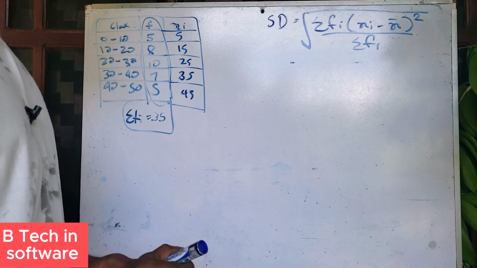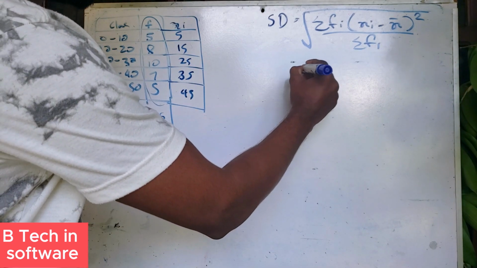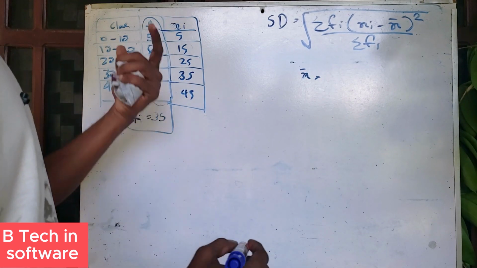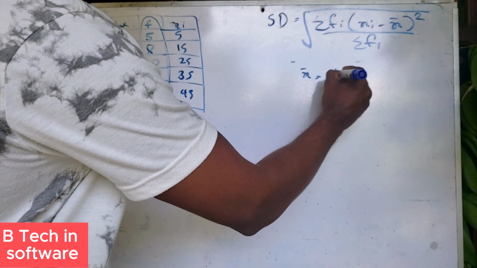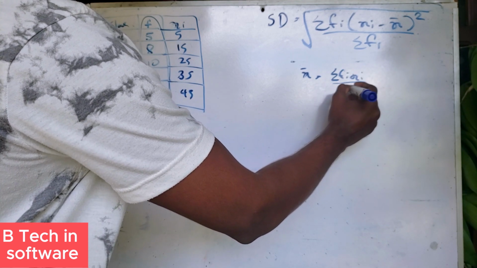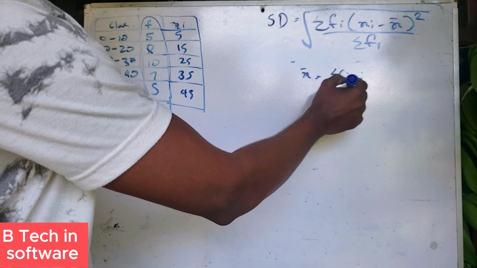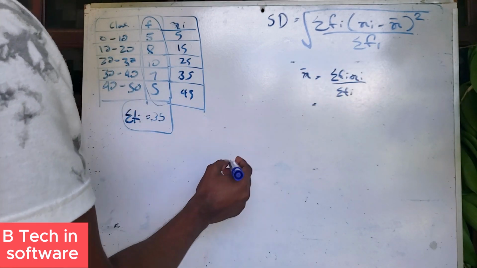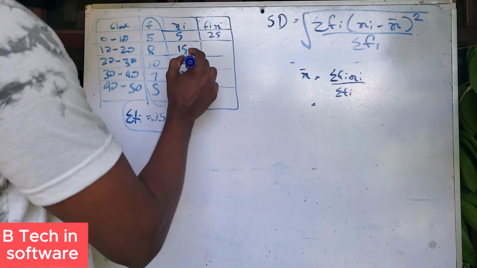Now we need to find x bar. X bar means the mean of this grouped data. To find the mean of grouped data, we have the equation sigma fi xi divided by sigma fi. To find x bar, we need to find sigma fi xi. 25, 8 times 15.